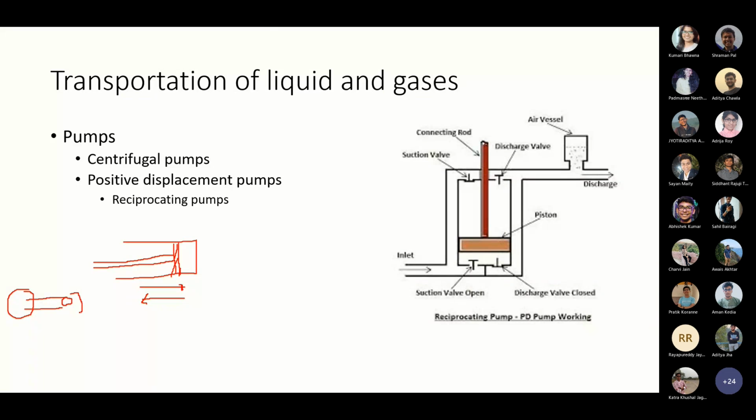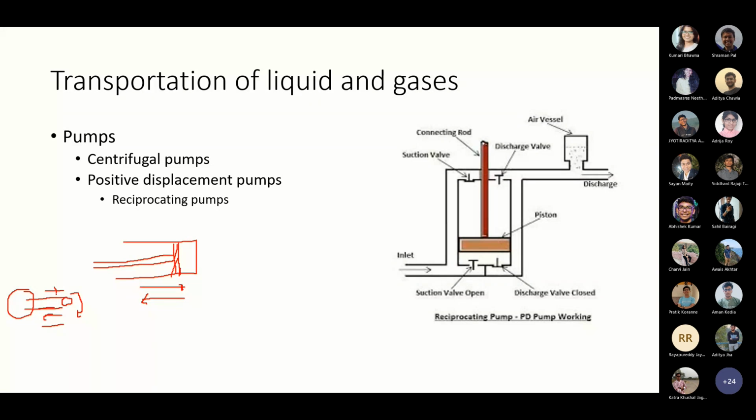When you rotate this pedal, we all know this chain rotates in the forward and backward direction. One chain goes this way, and another chain goes this way. That is a very good example of conversion of circular motion to linear motion.